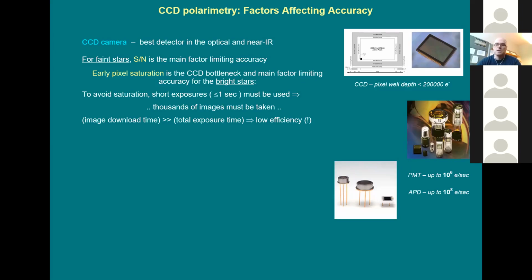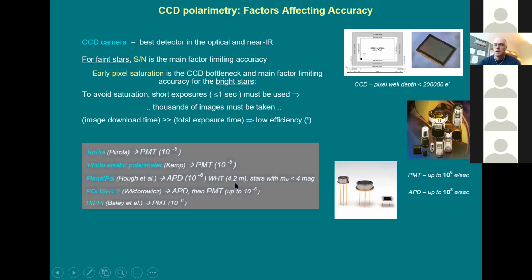They have a much wider dynamic range, they can tolerate much higher fluxes, and they have an instant readout. So they may be used in combination with high frequency modulators such as PEMs or FLCs. Because of that, most high precision polarimeters use PMT or APD detectors.